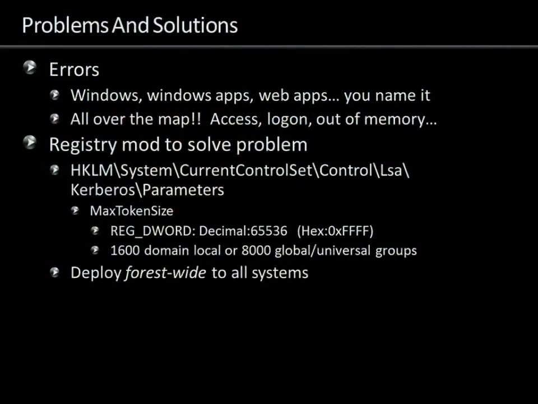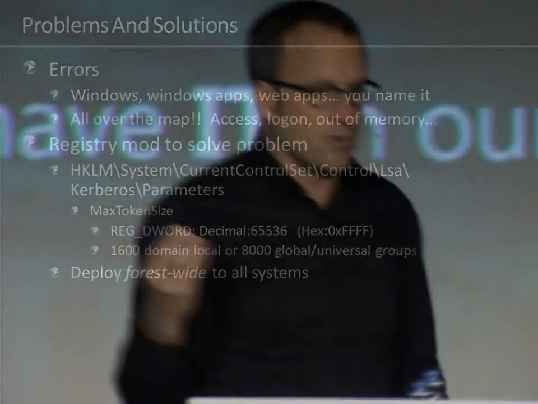Now, the max token size registry entry needs to be deployed to every single machine in your forest, because a user logs on to their machine, but then they go touch a file server, and they touch another server. And so every server needs to be able to build the token that accounts for the maximum number of groups. So you set the max token size, you deploy it to every server in your environment. Now, what I don't recommend doing is just setting it to the maximum tomorrow morning when you go back to work.